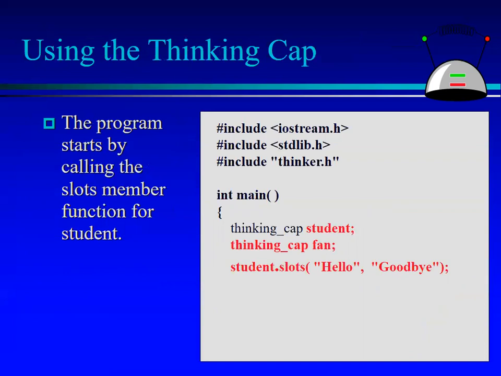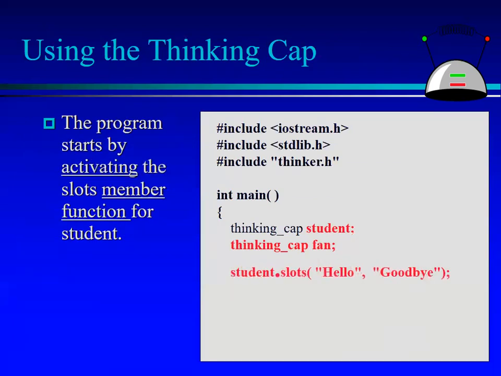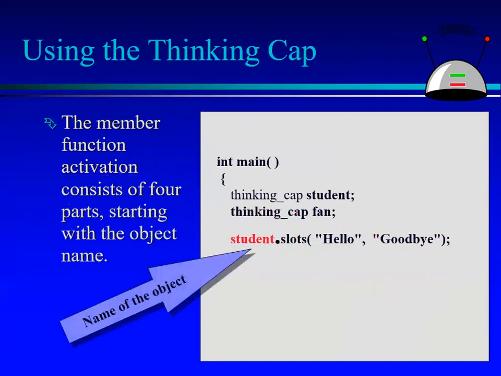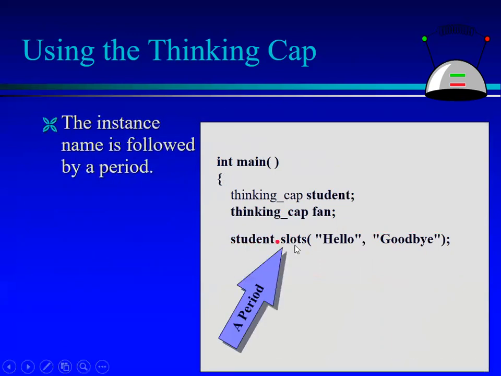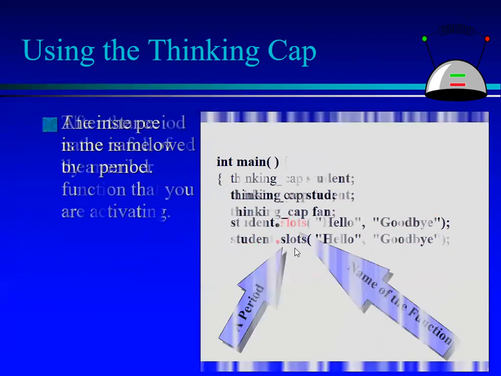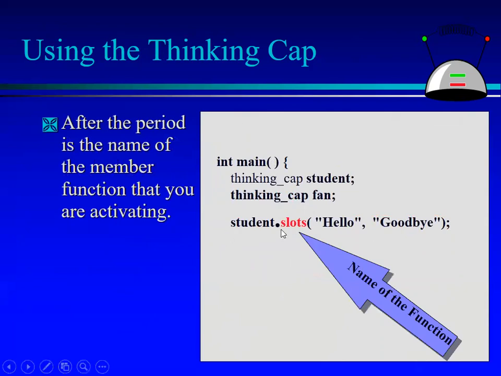So two objects we have created, and slots is the function to which we are sending the inputs, through the declarations defined in thinker.h. Okay. So this is the name of the object. You can consider student as the name of the object. This dot is nothing but a period, and this is the name of the function.